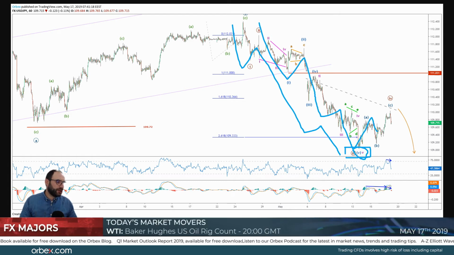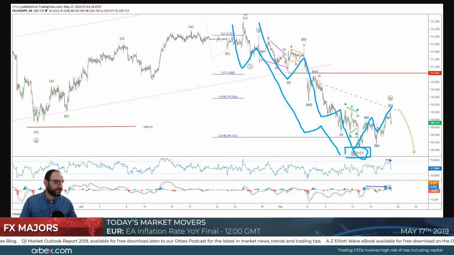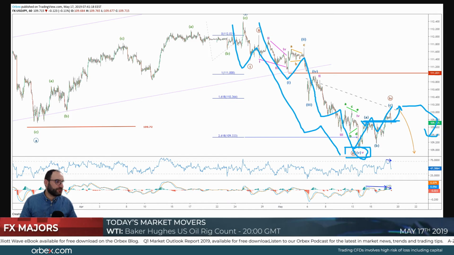Following down here, now we have corrected or still may correct higher. What we want to see is whether this previous high is going to hold prices. If that is the case, then we should be moving a little bit higher, above 110, and then start looking for bears to take over by adding more bets to the downside.